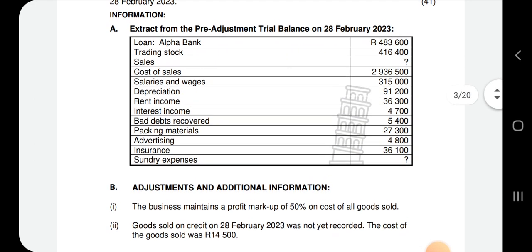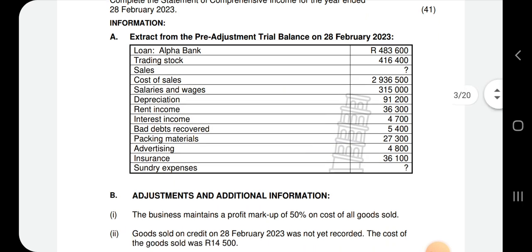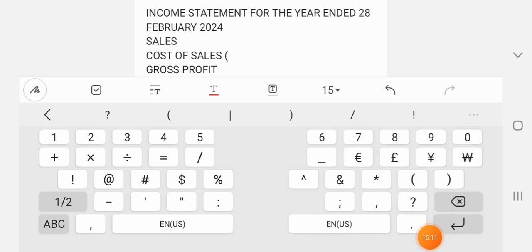So you are going to take the cost of sales amount, which is 936,500 rand, and then you add the 14,500 rand. I'm going to show you that. So for cost of sales, we had 936,500.